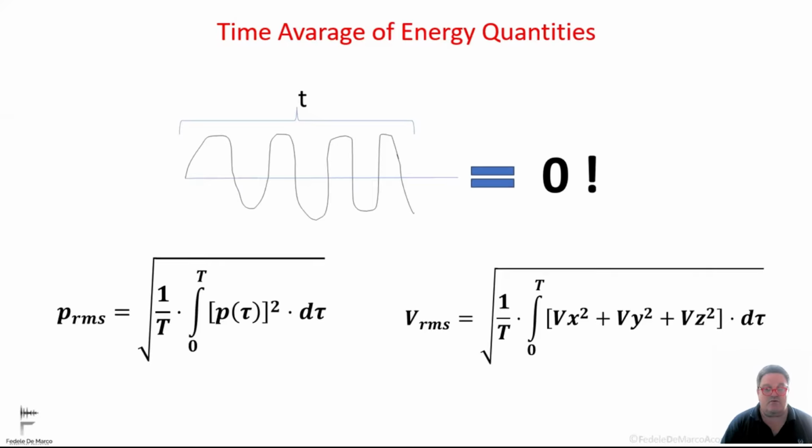The same for velocity. So you practically take all the single instantaneous linear values, positive and negative, and square them.